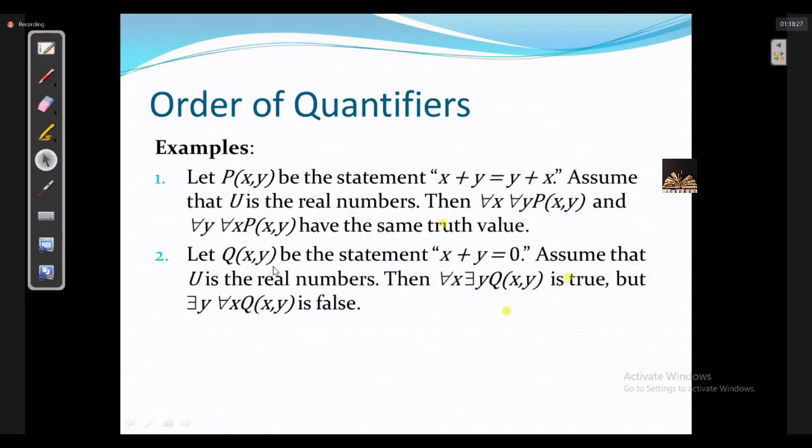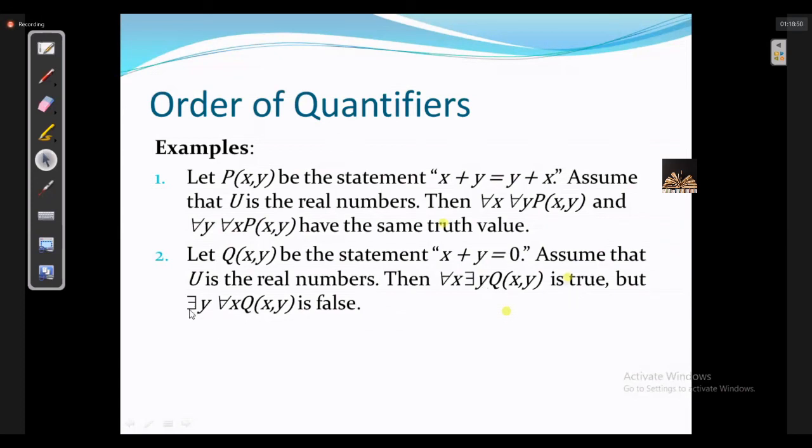But let Q of x y be the statement x plus y is equal to 0. Assume that the domain is the real numbers, then for all x, there exists y, Q of x y is true. For all x, some y value exists, so it is true.